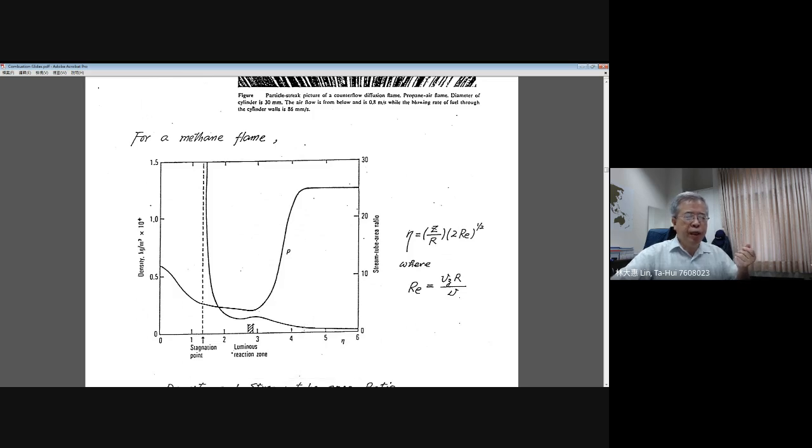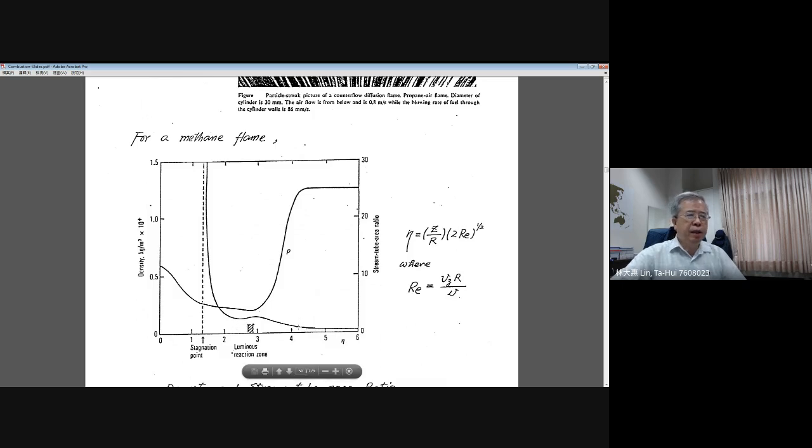Actually, they start to see some temperature increase. Later on, I will show you the temperature profile. You can see that starting around here, the temperature in the flow increases because some heat diffuses out from the diffusion flame.